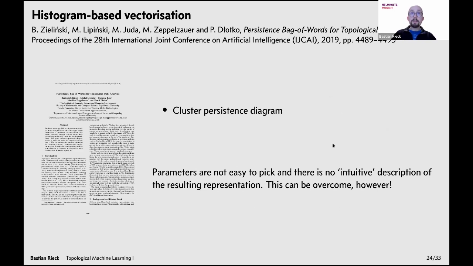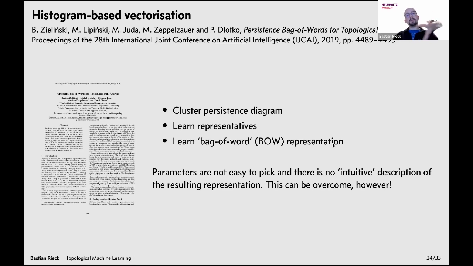There's also a histogram-based vectorization by Zielinski and colleagues, which involves clustering diagrams, learning representatives of these clusters, and then learning a bag-of-words representation of this whole clustering. And then the quantized bag of words, so the simplified version of this bag of words embedding, can be used as a feature vector. I do want to stress that a priori it's not easy to pick parameters here, and what I find personally lacking is an intuitive description of the resulting representation.